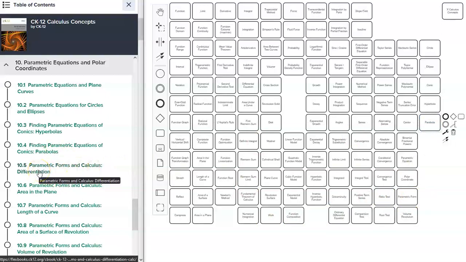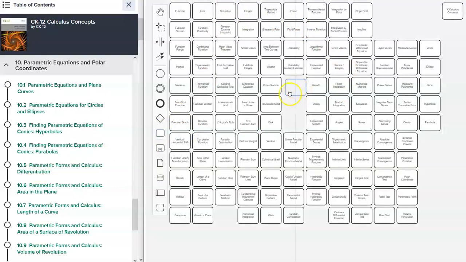Differentiation. I mean, that really should have been over here with the derivatives. Differentiation, the process of. So let's add that right here. Area in the plane.